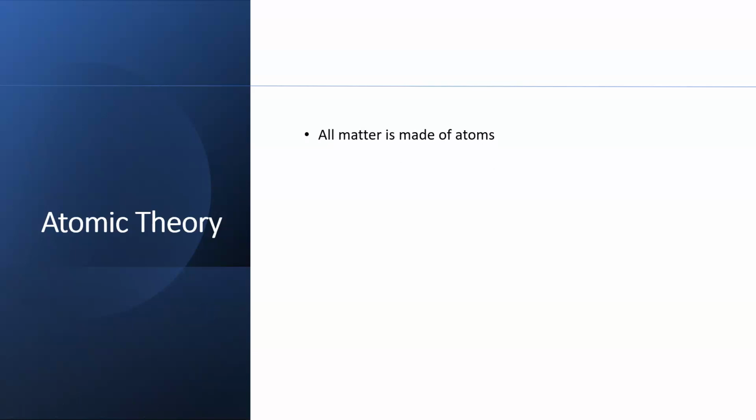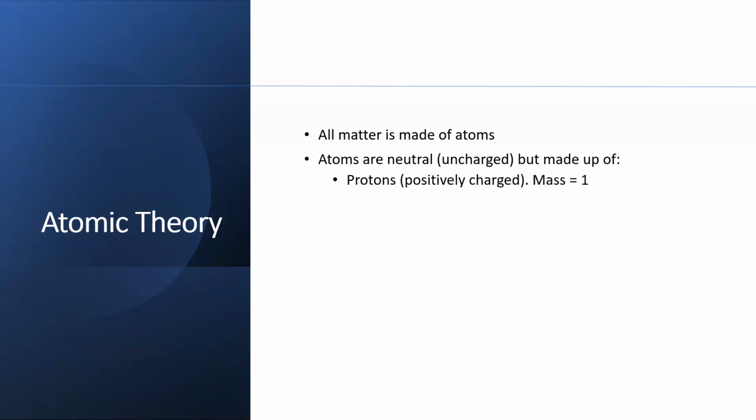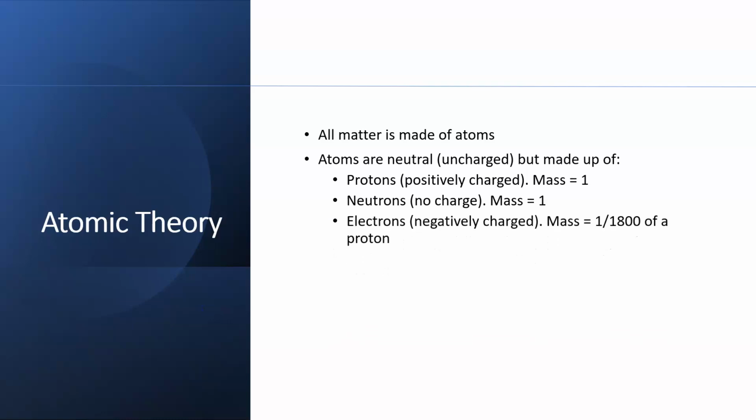So, in terms of atomic theory, what do we know? All matter is made of atoms. Okay, they're neutral, there's no charge, and they're made up of protons with positive charge, and we say the mass is 1. Those neutrons, which have no charge, again, we say the mass is 1. And then we've got the electrons that are negatively charged, and their mass is tiny compared to that of a proton.